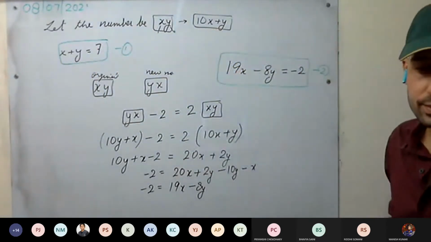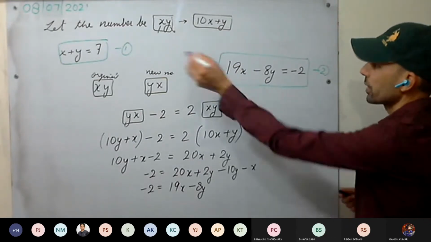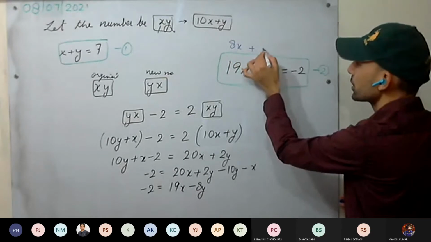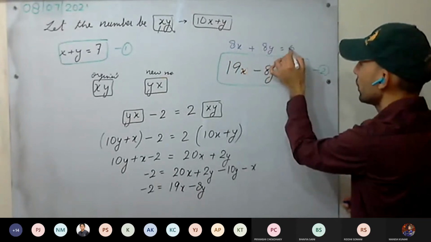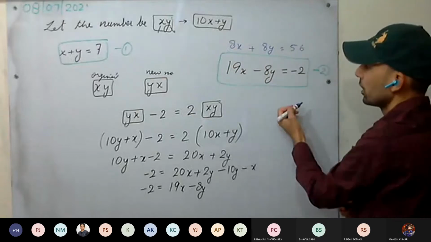You can solve that one. First equation multiplied by 8 gives 8x plus 8y equal to 56. Just add them. You will solve for x.